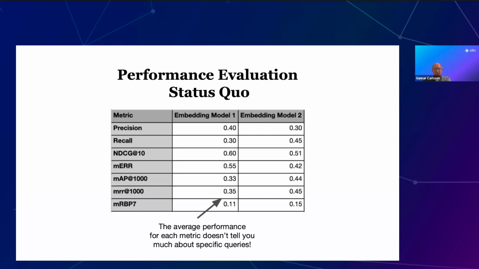It's a general health check of: is one model vastly superior to another model? Does this model meet some minimal threshold that you have in mind for, let's say, precision and recall? And we'd rather give you an approach that tells you more about your actual queries.